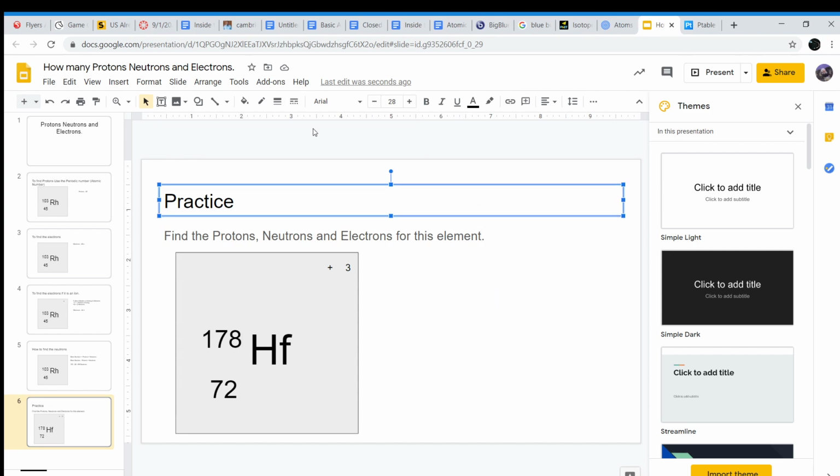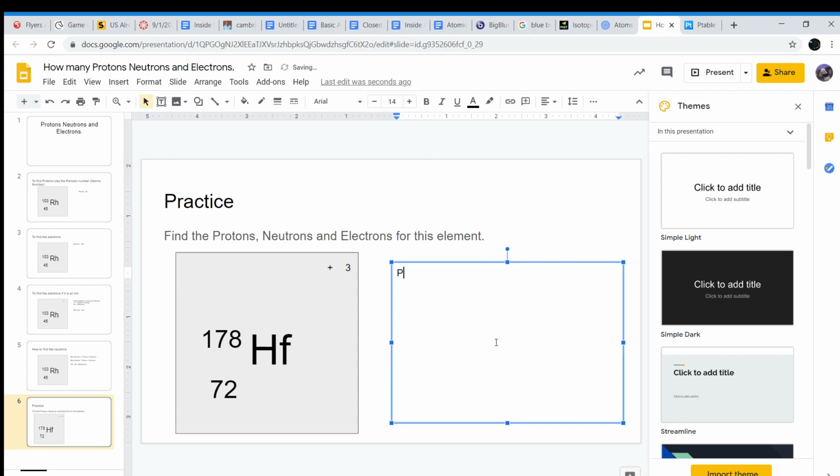Let's make a new one. I like to always start with the protons because that's always the easy one. Protons, we go right down here. We have 72 protons, and we're going to put a positive there just to help us out.